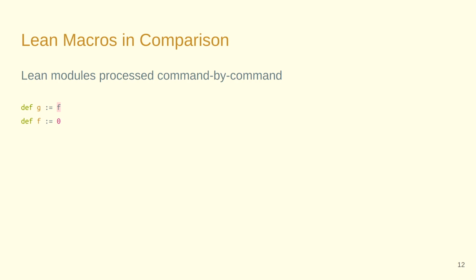So in Lean, you cannot reference something like this F before it's being defined, lexically before that. So this is pretty weird for a modern language, right? Most languages have more than one pass. But it's actually a property that it shares with most other proof assistants and dependently typed languages. And yeah, there are various technical reasons for why that is.